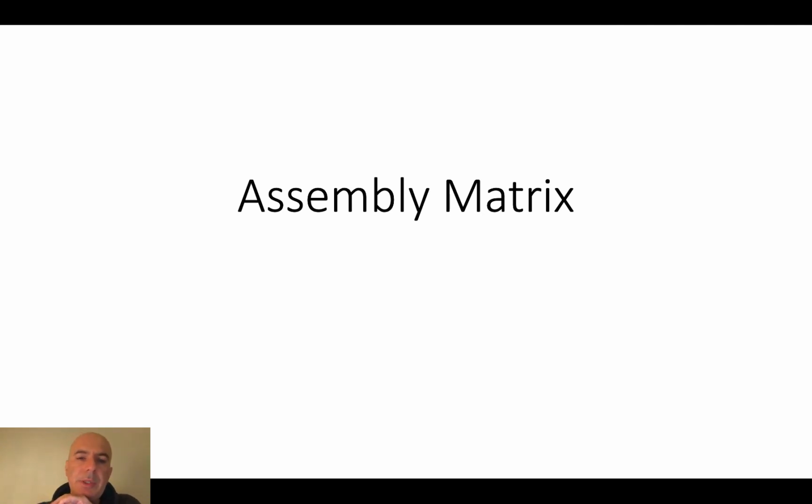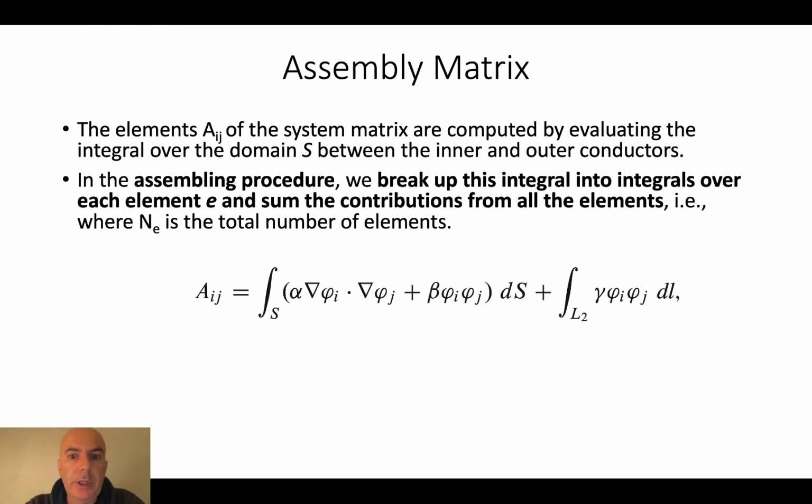The second step that I want to spend some time on with you is how to build the assembly matrix A that will constitute the matrix that we are going to use to solve the linear system in the FEM. So if you look at the governing equation we started with, for instance, for the 1D problem, we used the Helmholtz problem.